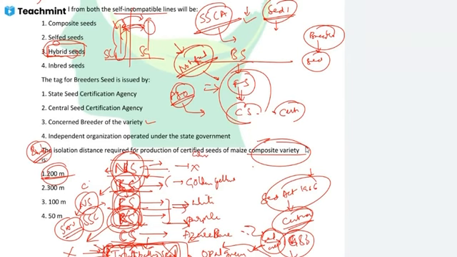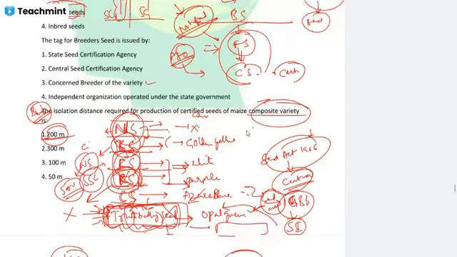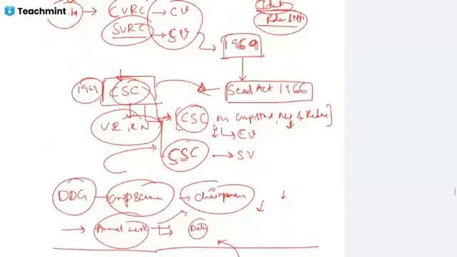If you remember it for more crops, it is obviously useful for you. That is why they mention composite variety. For different classes of seeds, whether variety or hybrid, the isolation distance varies from crop to crop.